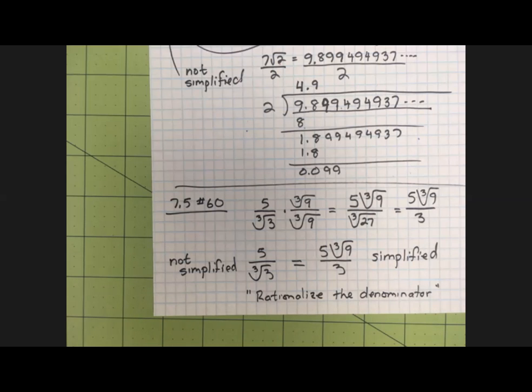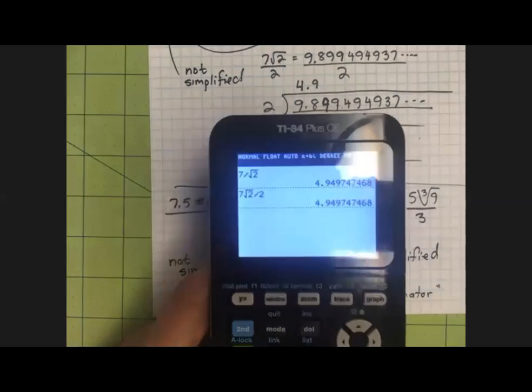It kind of bugs you the first time you see that, like, what do you mean this is simpler? First thing you say is, what do you mean they're equal? But it's easy enough to show you they're equal. But this one we call simpler, the simplified radical form. I've rationalized the denominator.